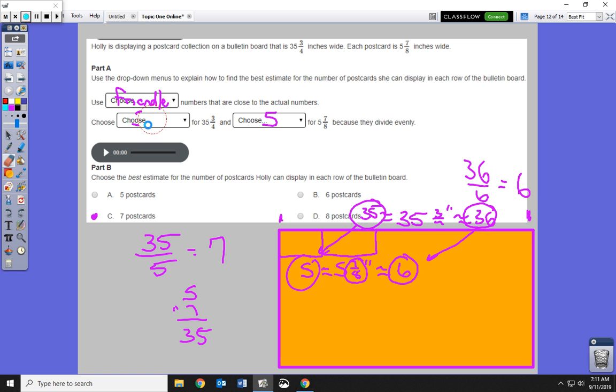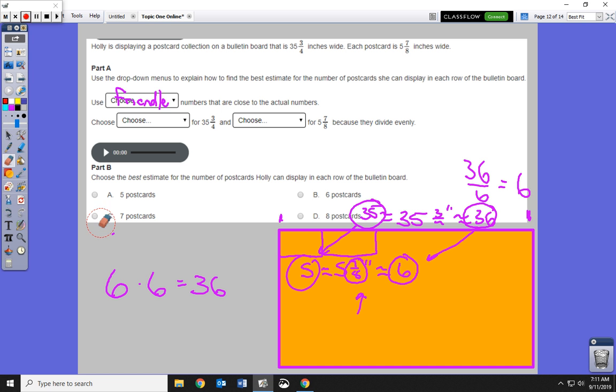So let me see if I can erase this here. There we go. Let me get rid of my math here. Let's change my thought process. Let's say I did go 6. Alright, so I went 6 cards. Now I'm thinking 6 times 6 gives me exactly 36. But again, each one of these cards is a little less than 1 whole. So now I'm going to change my answer.